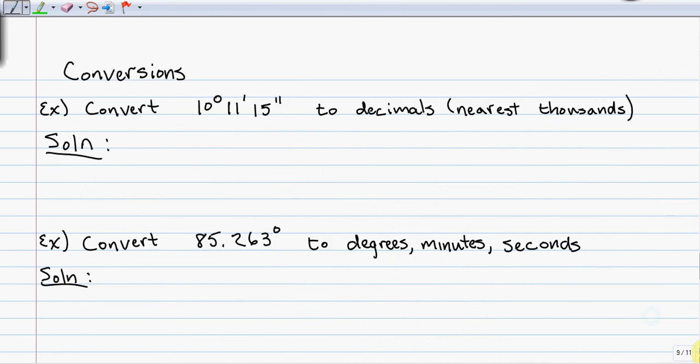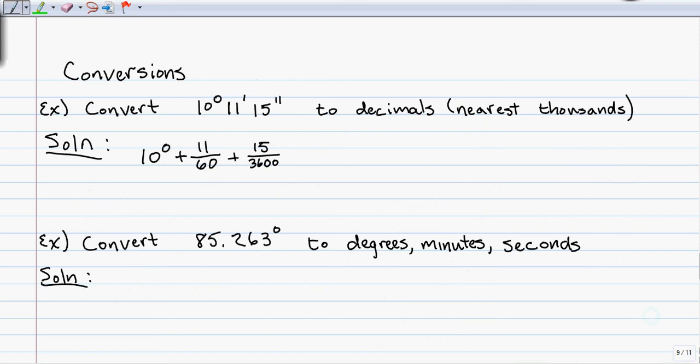Okay. All right, so conversions. So we can write with minutes, seconds, and degrees. We can also use decimals. Right? So, for example, if we want to convert 10 degrees, 11 minutes, and 15 seconds into decimals, what we do is take 10 degrees plus 11 minutes, which turns into 11/60ths of a degree, okay? And then remember that seconds in degrees are 1/3600th of a degree.